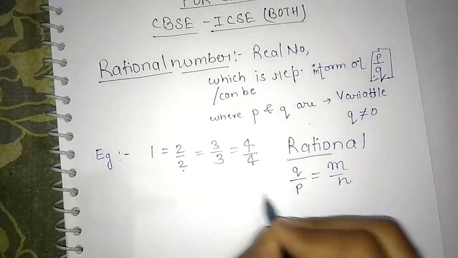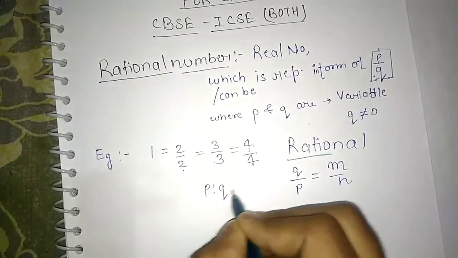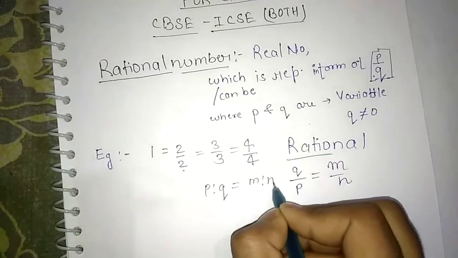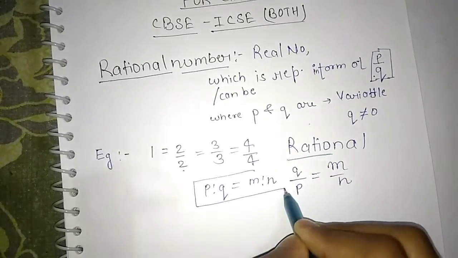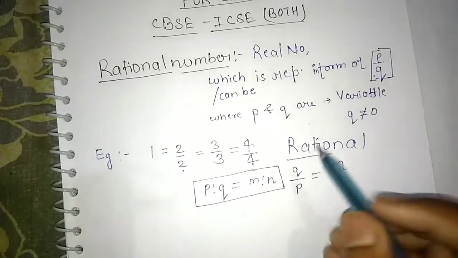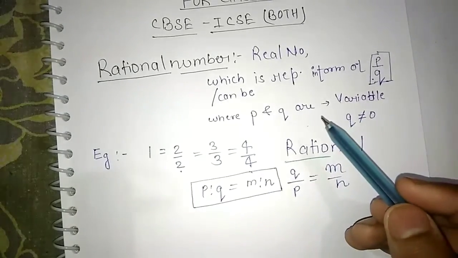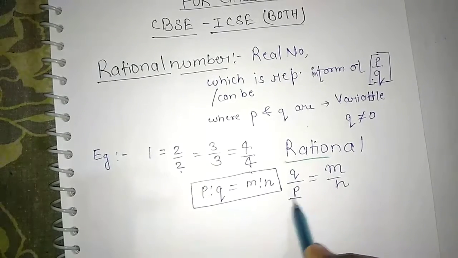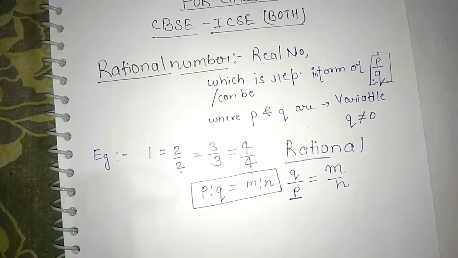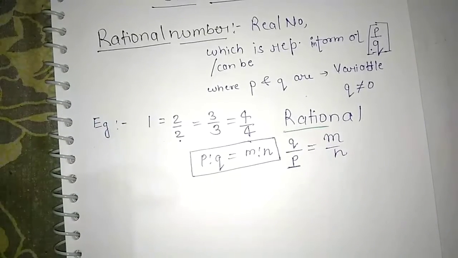So we will represent it as p ratio q is m ratio n. That is why we say a rational number is a term which is represented in a ratio. In any ratio, the term by which you are dividing cannot be 0. So this is a rational number.